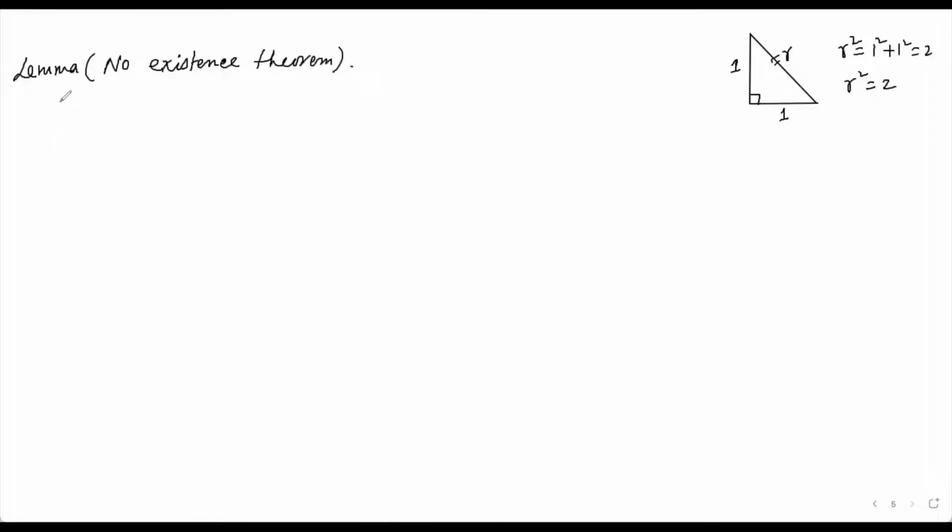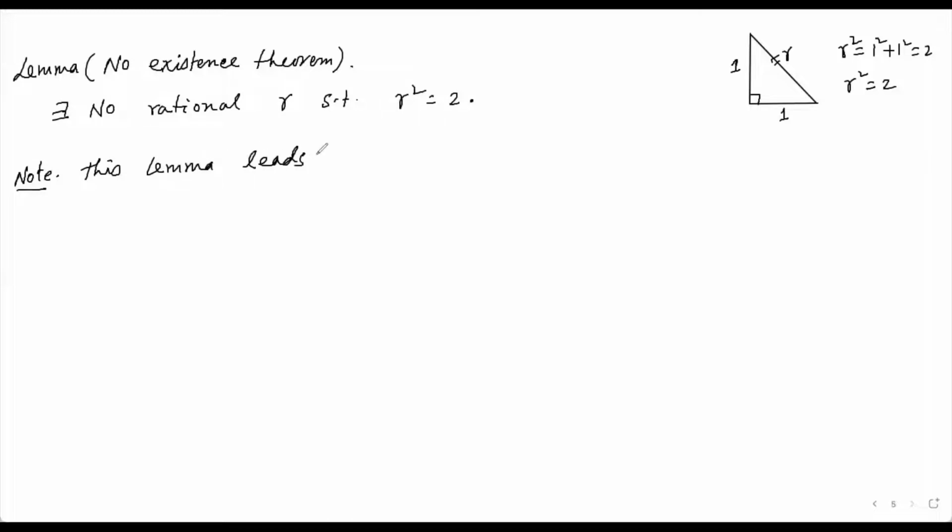It says that there exists no rational r such that r square equals 2. So this is a simple statement, and this lemma leads to the irrational numbers.